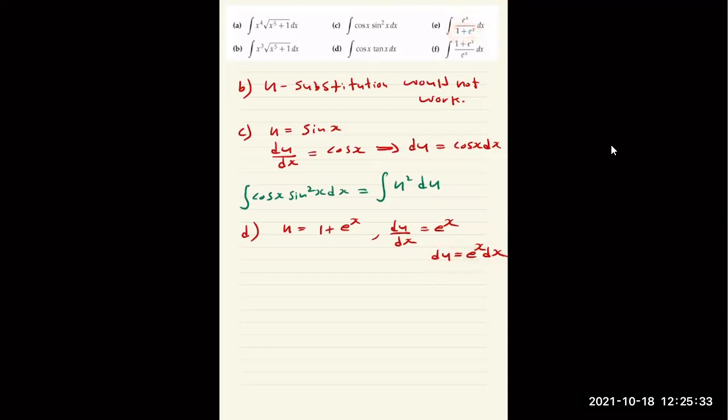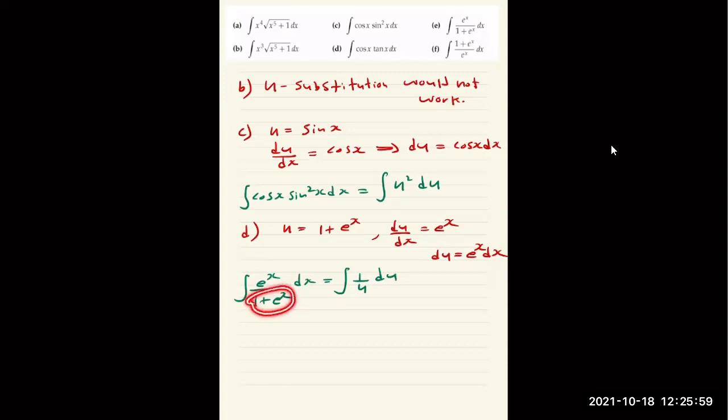Now I can go with the u substitution process. That is, the integration of e to the power x over 1 plus e to the power x dx is equal to the integration of, remember, e to the power x times dx is nothing but du. And then you have 1 over u, because this is your u.